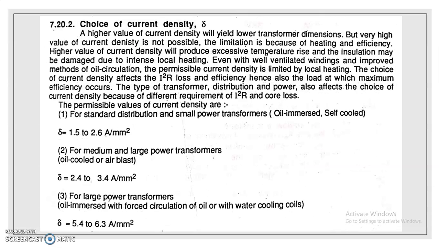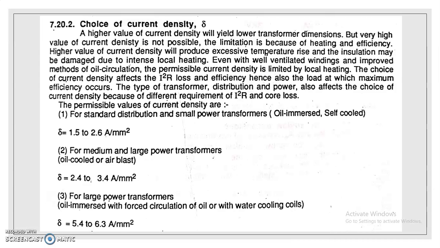The next constant is current density. Choice of current density delta. Current density is nothing but the current per unit area, where the area is the area of cross section of the conductor, or whatever you are using in the windings.